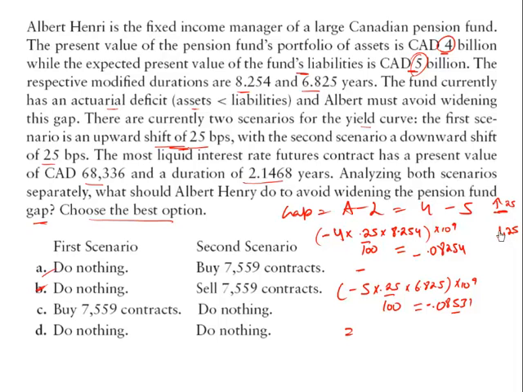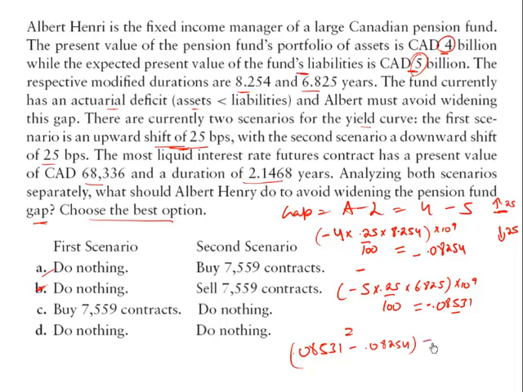If interest rates went down by 25 basis points, then there would be a widening of the gap to the extent of 0.0853 minus 0.08254, or this would be our loss in absolute terms. This is the loss that we want to hedge or that we want to make good.